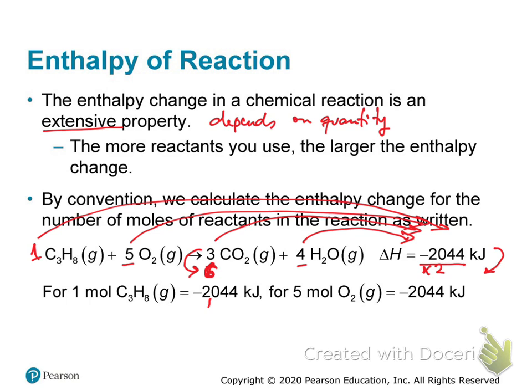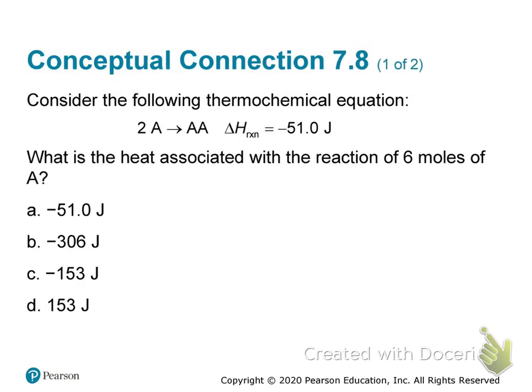Let's look at an example of this. If we have a thermochemical equation of reactant A and product AA, we need 2 moles of reactant A to get to the product.